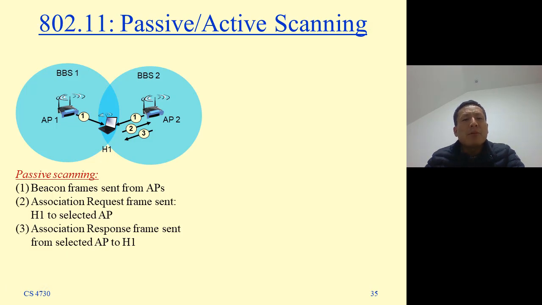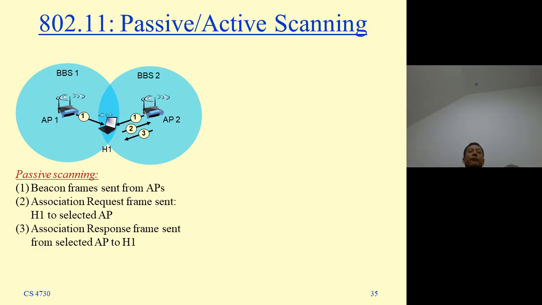So for this scanning process, when you move into a new BSS, there are two kinds of scanning process. The first one is called passive scanning, and the second one is called active scanning. So passive scanning is very simple. It means that the beacon frames are sent out by the AP first. You're just listening to all kinds of beacon information from other APs. Okay?